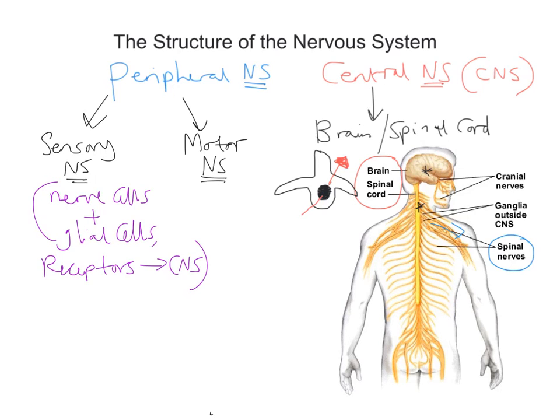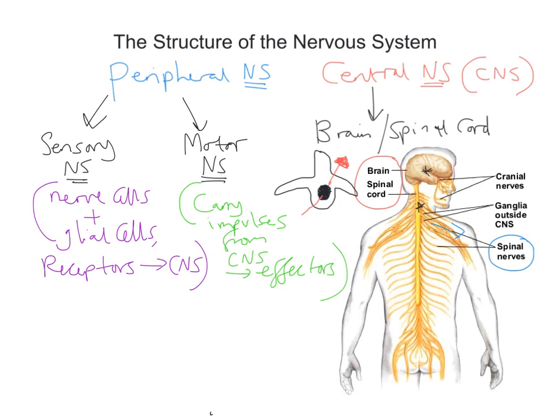Whereas if we consider the motor nervous system, what you have are motor neurons in the motor nervous system that carry impulses from the central nervous system to what's called effectors. So these motor neurons actually carry impulses from the CNS to effectors, which bring about the response.